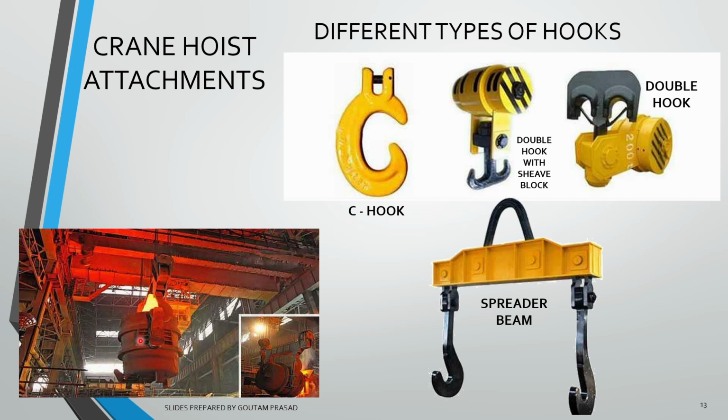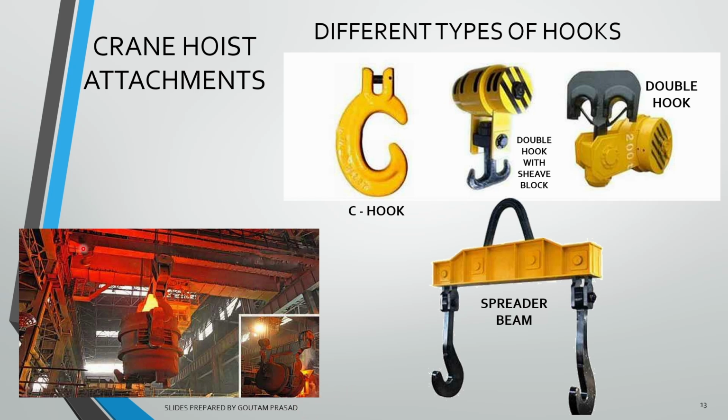So here is the crane that I was talking about. It is holding a ladle, and this has to be tilted. As you can see in this picture, there is an auxiliary hoist apart from this main hoist. That auxiliary hoist is letting it tilt. It is tilting the ladle so that it is able to pour the hot metal inside the vessel.